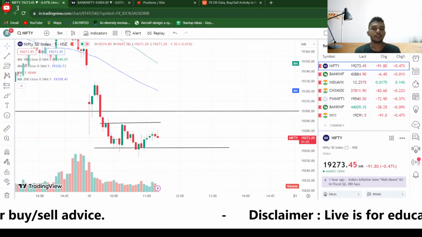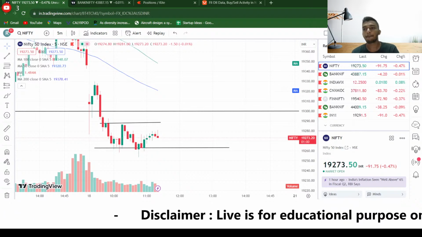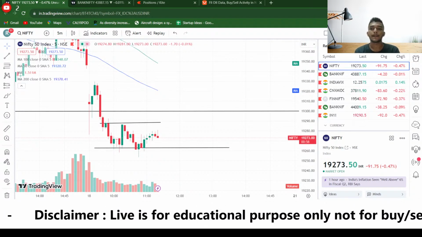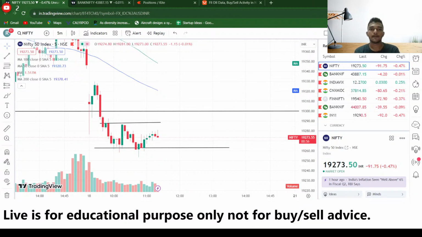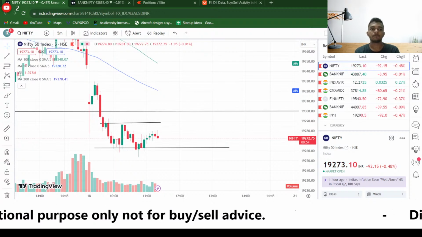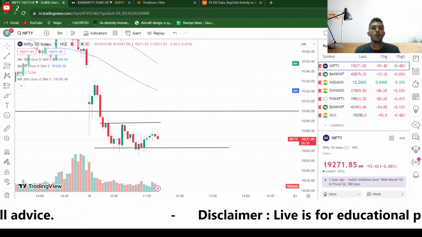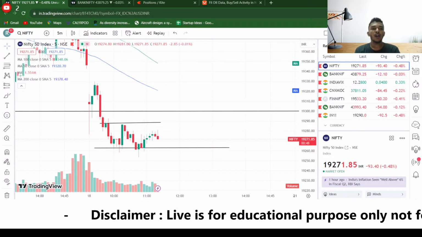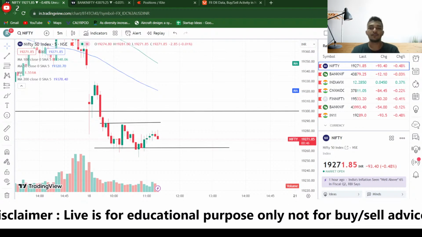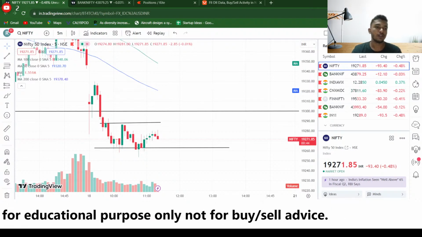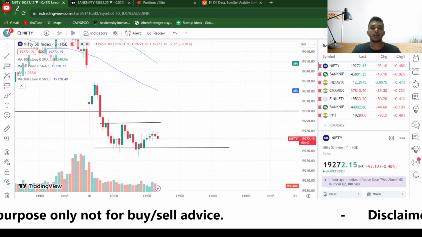The 260 level is the support level. Yeah, it is going down and it is kind of forming a bearish hammer candle.